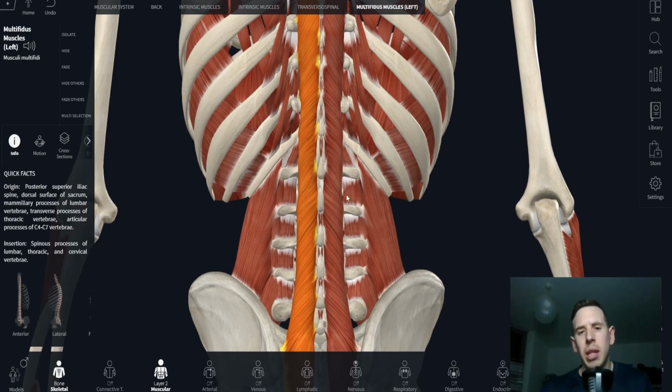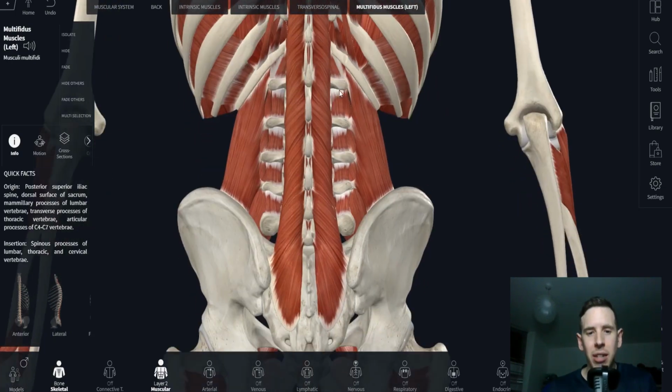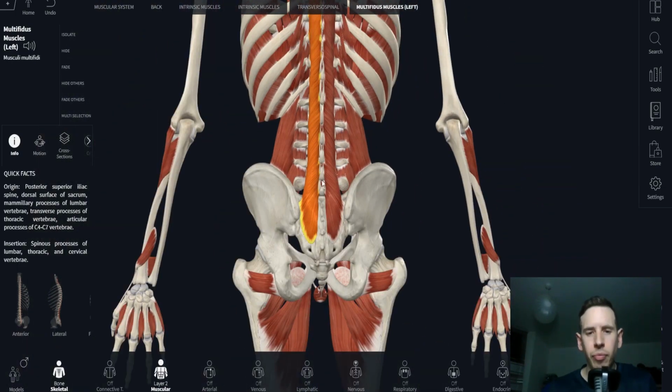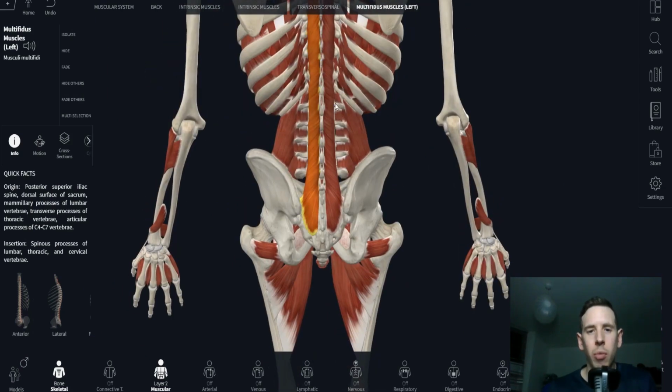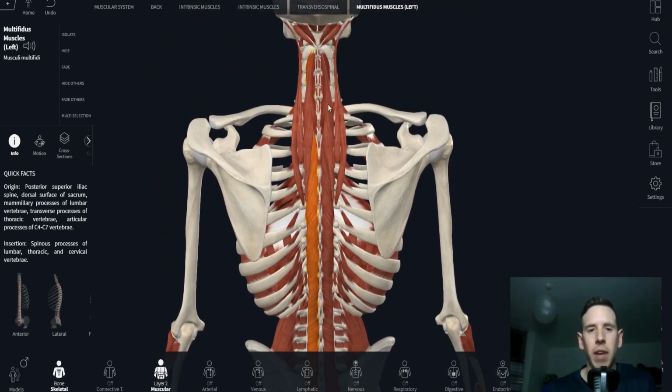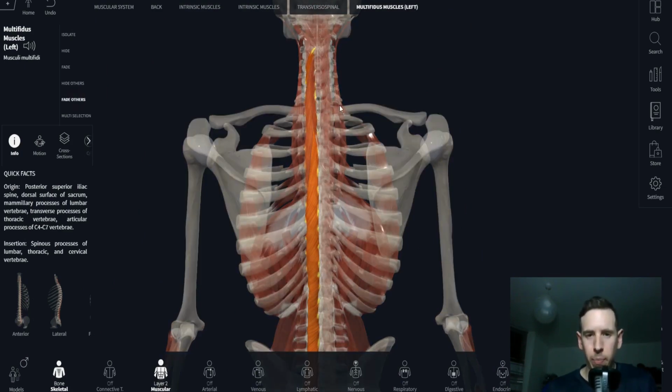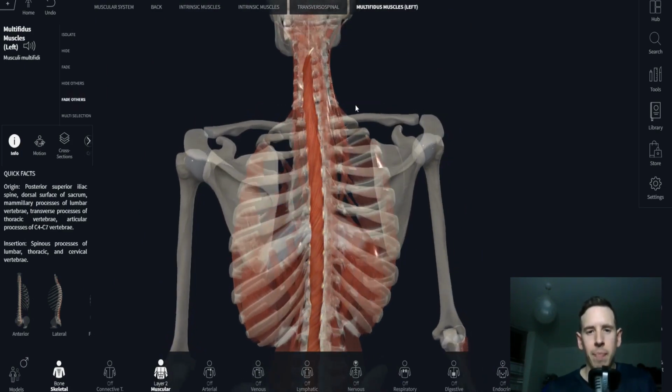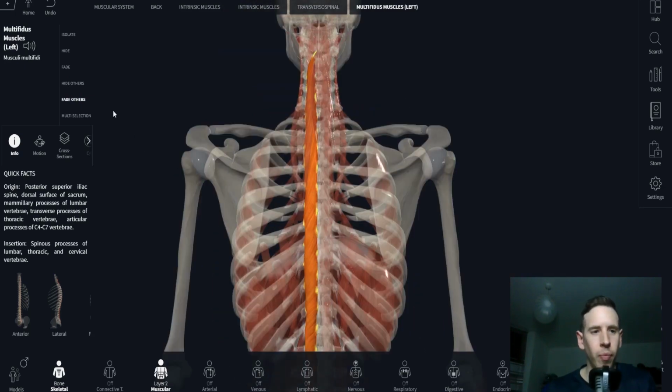And there also seems to be a delayed firing and function of those muscles in people with lower back pain. You can see that it extends, let's zoom out a little bit here, right from down at the sacrum a fair way up the length of the spine. And then there's our back wall.